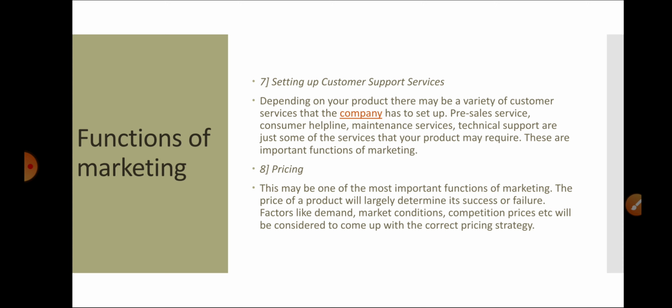We have to make sure that the pricing of the product is able to meet the needs of different levels of customers, like middle level, lower level, higher level. So we have to provide them with different categories of the product with different price tags. We have to look at many factors associated with pricing.